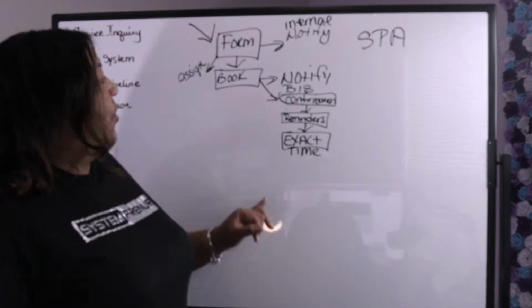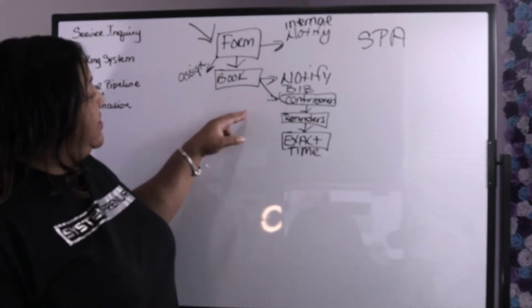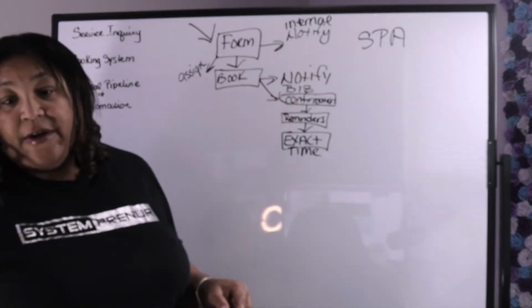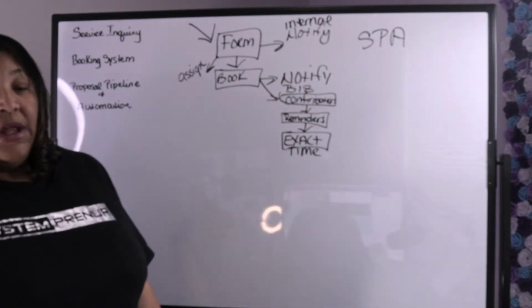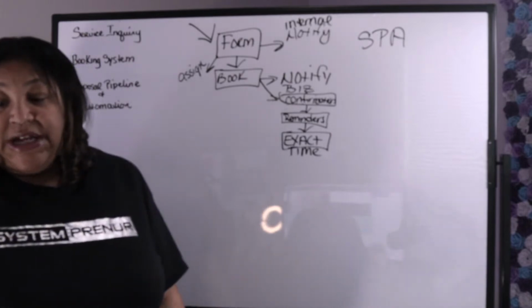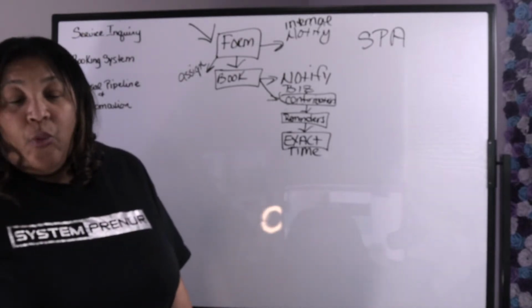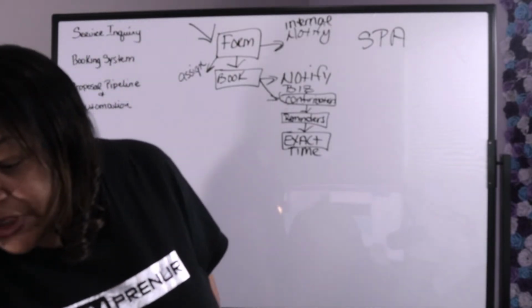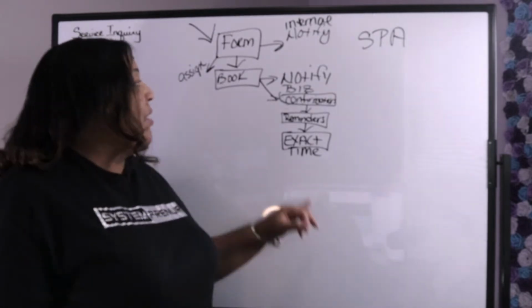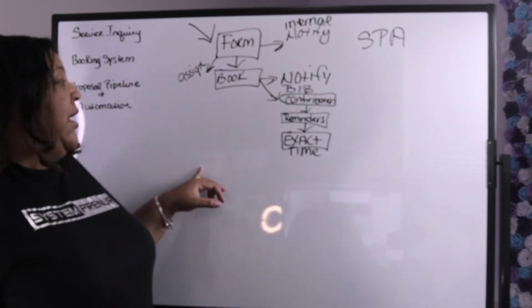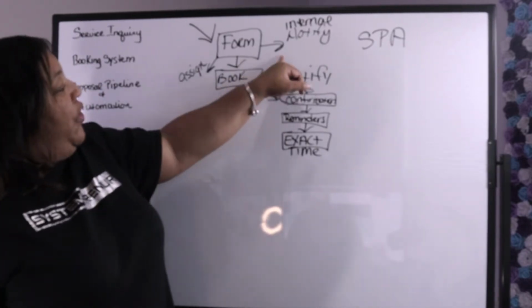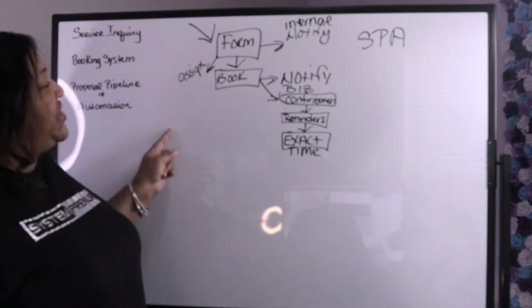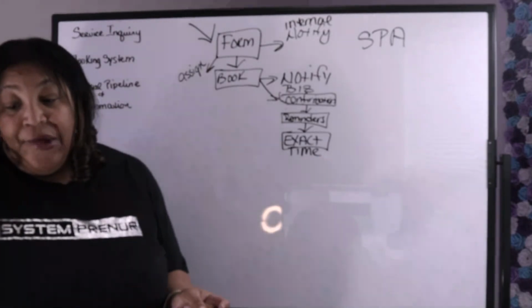And so this notification system here for internal may be different for you than it is for another organization. That's why we meet with businesses and we customize this process for everybody, because it may not be cookie cutter. It may be some internal notifications or some other actions that need to happen here.